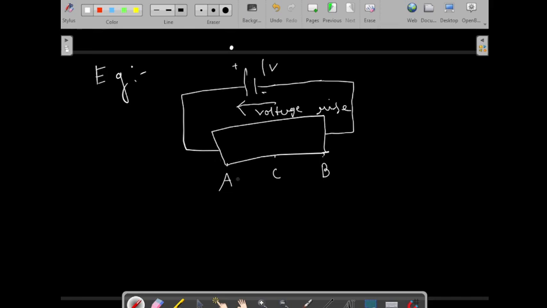So at point A the value of voltage is 1 volt, and at point B the value of voltage is 0 volt. So the voltage of B is 0 and A is high, at 1 volt.